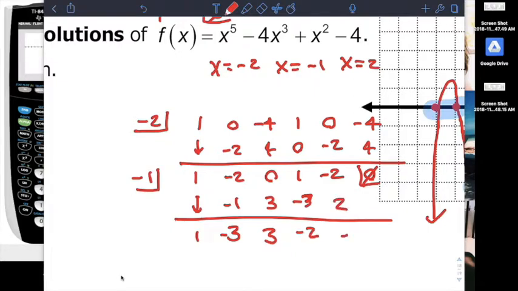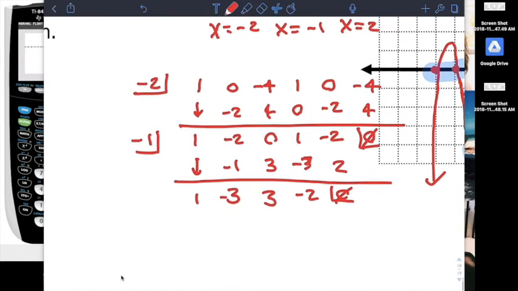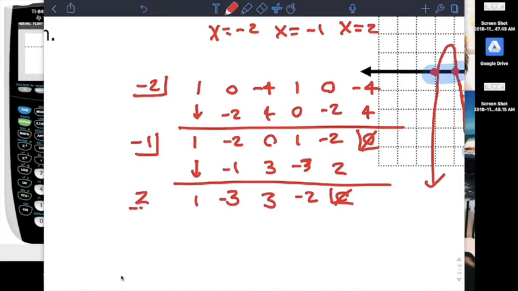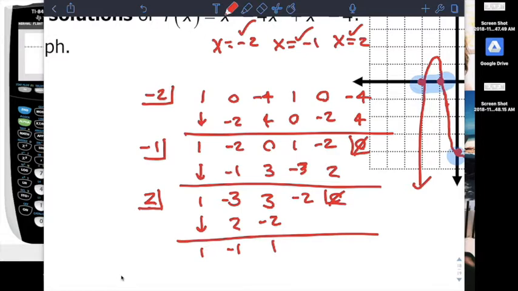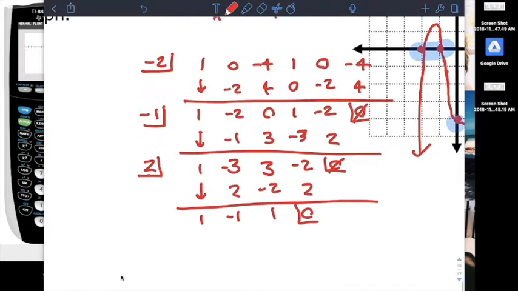Multiply, positive 2. And then add, you get 0. And let's use the last line right here, the last real solution that it looked like we had. Let's see if that works out here. Bring down the 1, multiply, 2, add, negative 1, multiply, negative 2, add, you get 1 again. Multiply, you get 2, add, you get 0.